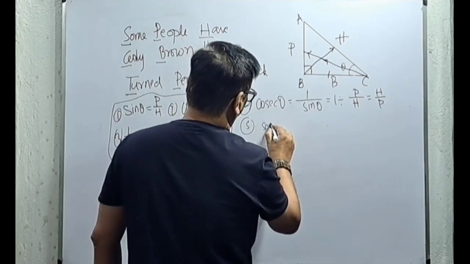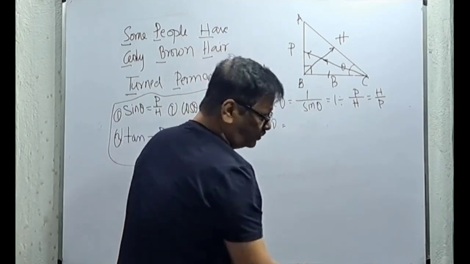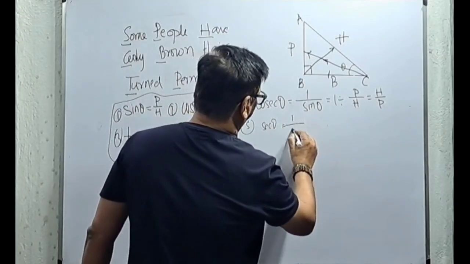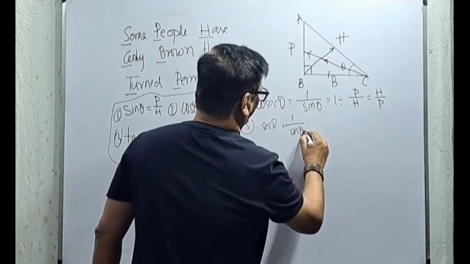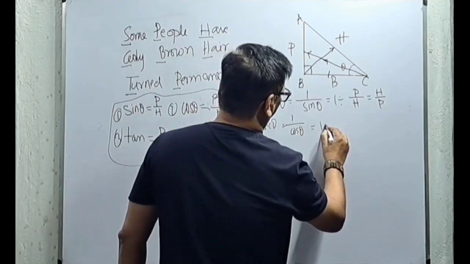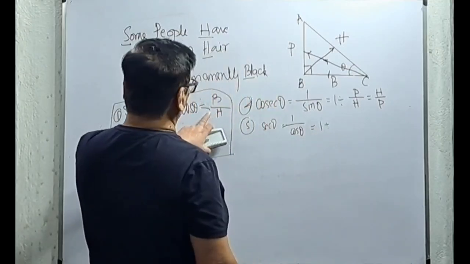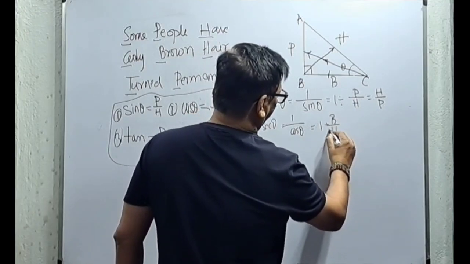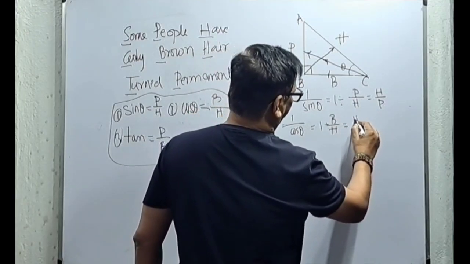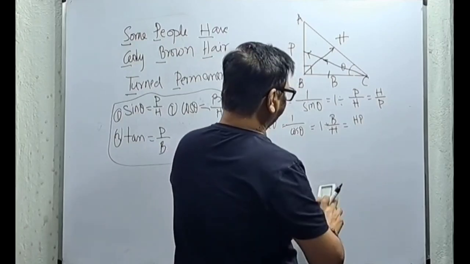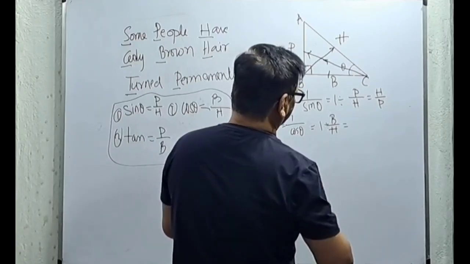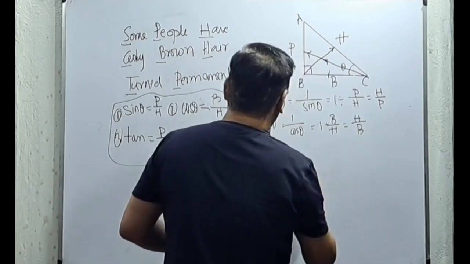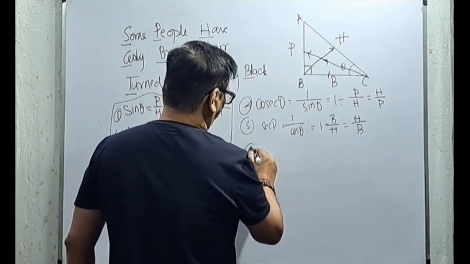Sec theta is the reciprocal of cos theta. So 1 by cos theta, which is equal to 1 divided by B by H, which is H by B. And number 6.